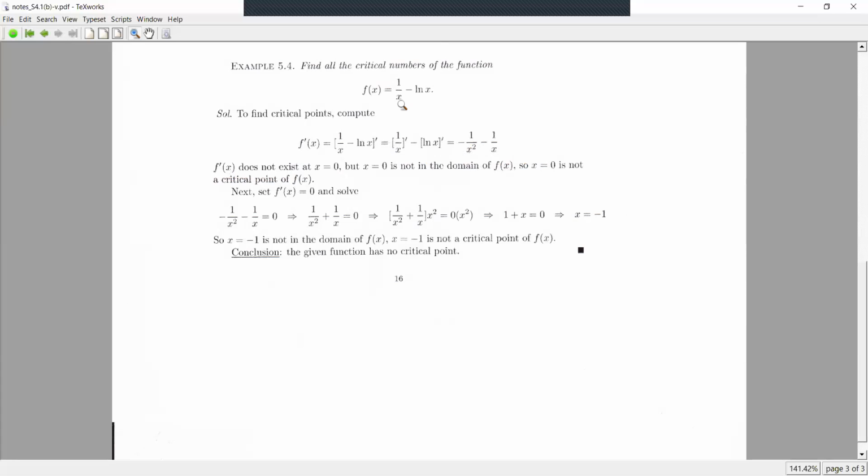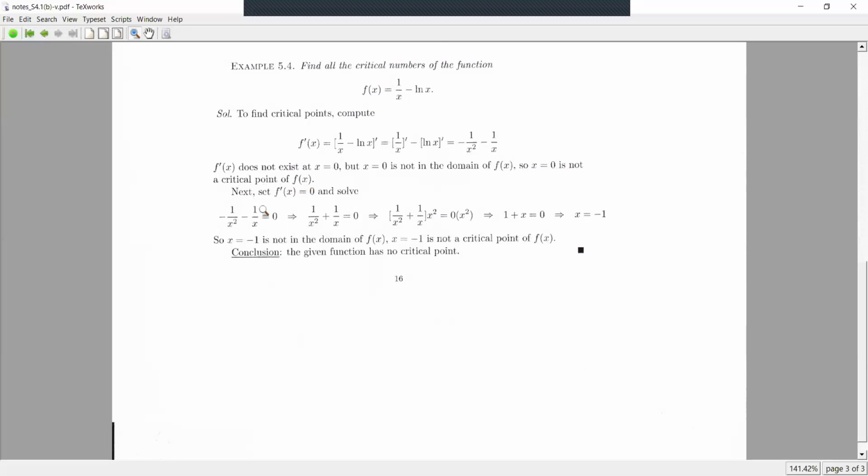When you plug in 0 into the original function, 1 over 0 is not computable, natural log of 0 is not computable. So 0 is not a critical point of this function because this point is not in the domain of the function.